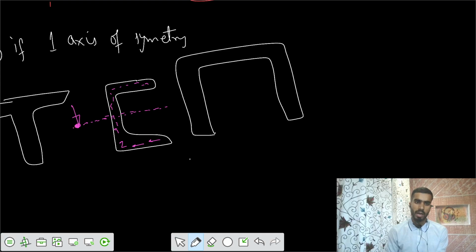If the load passes through that point, there is no twisting.